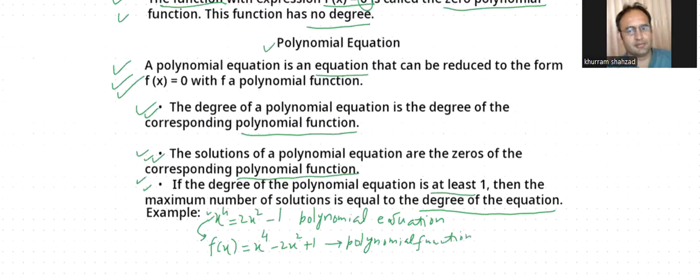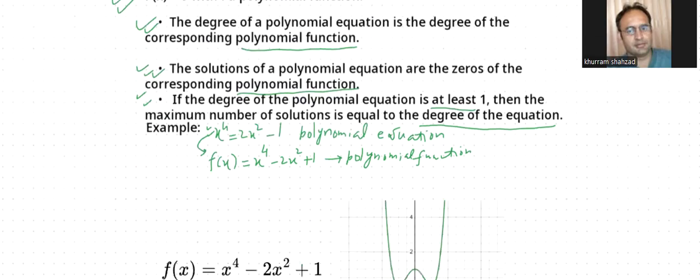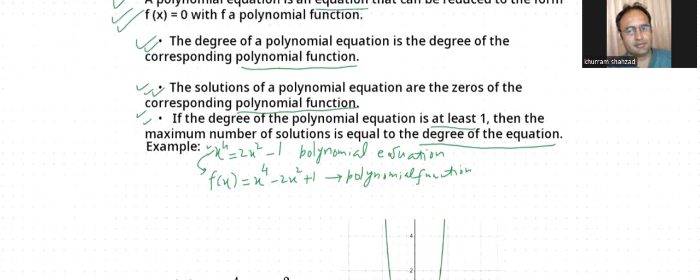So you can solve a polynomial equation like this. This is a polynomial equation: x raised to power 4 is equal to 2x square minus 1. If you solve this polynomial equation, you will get these values: x is equal to 1 and x is equal to minus 1.